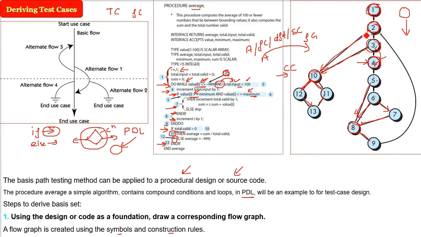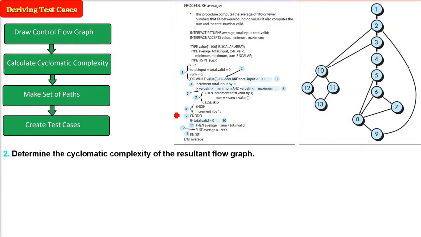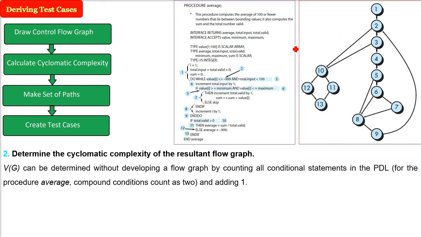Now we know how to find out the cyclomatic complexity. Since we have the control flow graph, now we have a simple formula to find out the cyclomatic complexity. Cyclomatic complexity is just the number of cases, or you can say the upper bound. So V(G), all this we are going to find out. This can be determined without developing a flow graph.